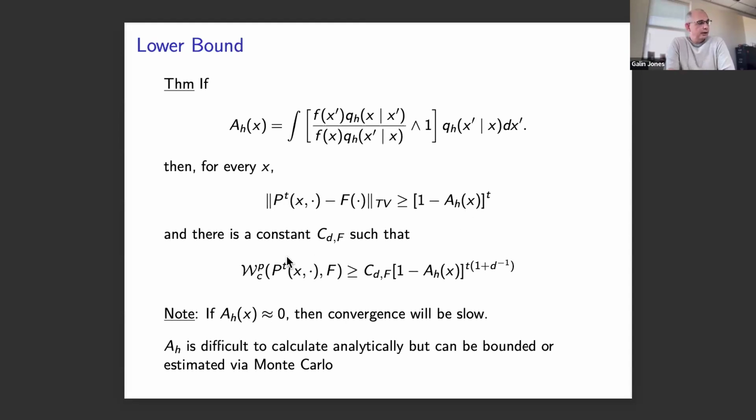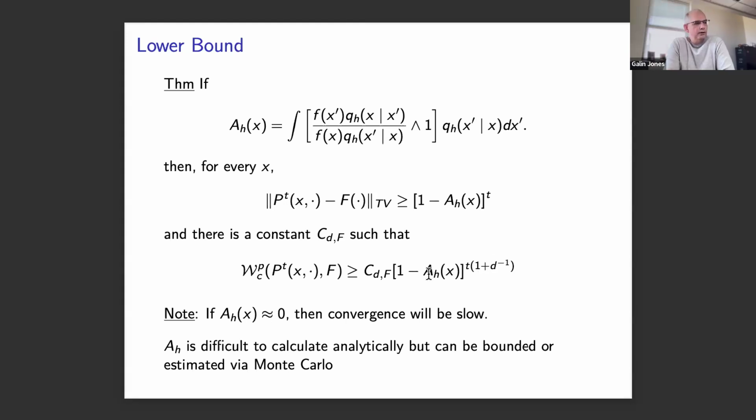It turns out that for the Wasserstein distance, it's a bit more complicated. We have expressions for C sub d f, but it's just a constant. It's not that important. And it's still the same rejection probability, 1 minus a sub h, but now it's not just to the number of iterations, you also have the dimension of the problem involved in the lower bound.